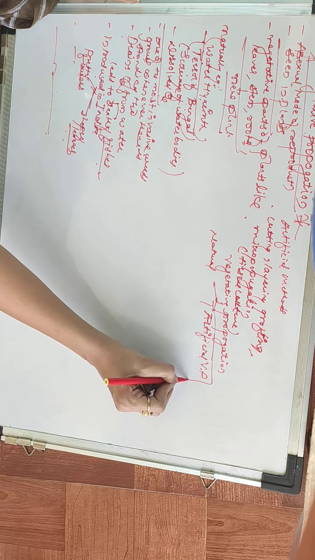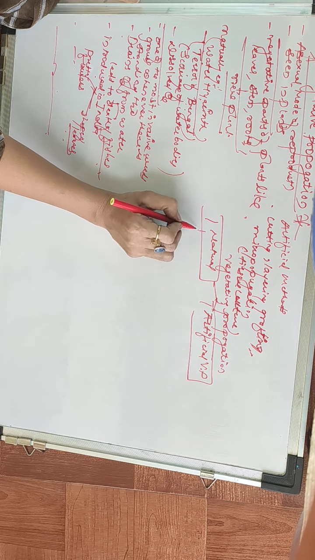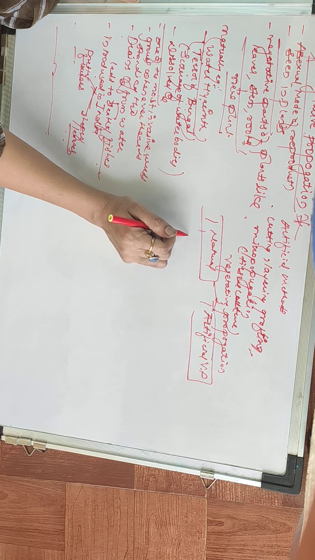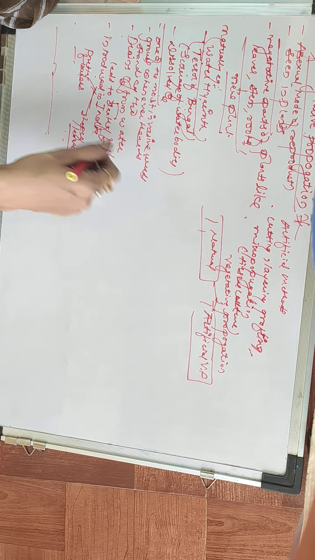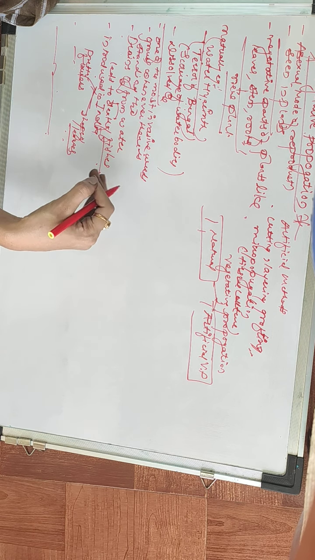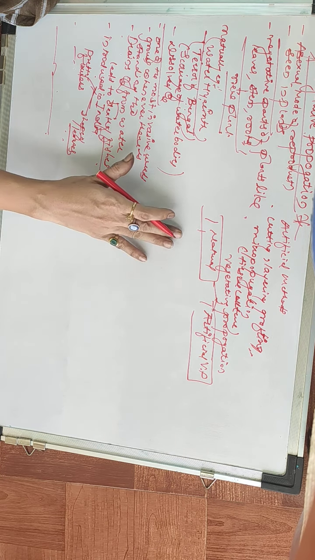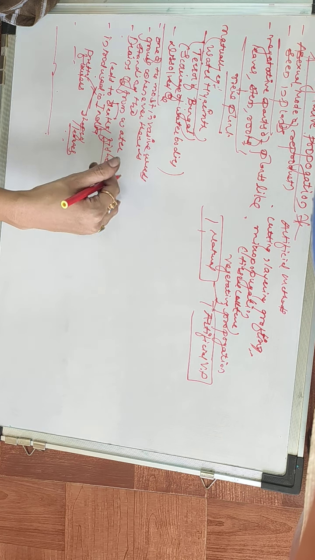In natural vegetative propagation, it happens through natural things, just like a leaf, stems, bulbils. So natural propagation happens in a natural way.